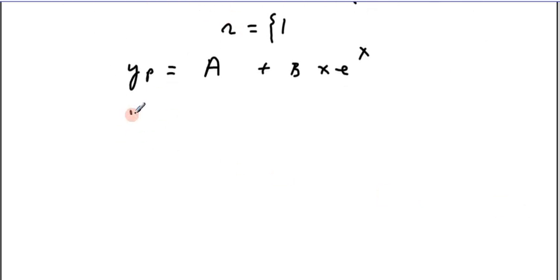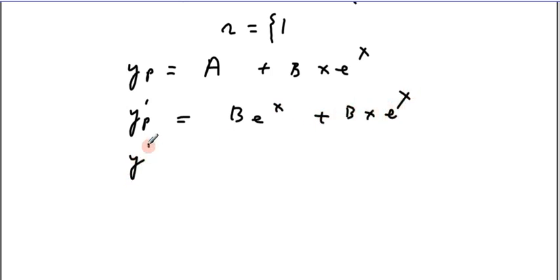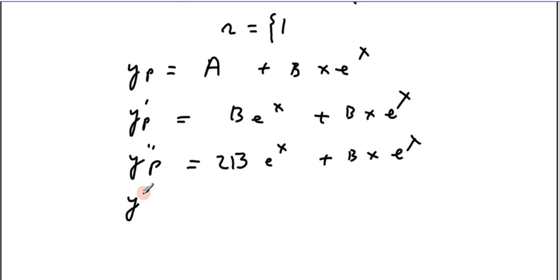y sub p prime, the a goes away, I have b e to the x plus b x e to the x. y double prime p, 2b e to the x plus b x e to the x. y triple prime p, 3b e to the x plus b x e to the x.